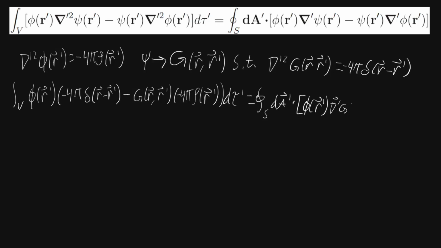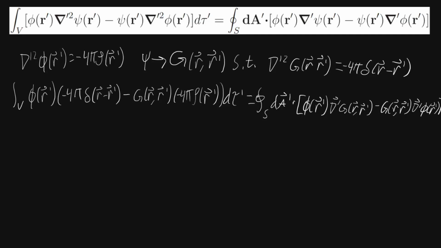Okay, so we're going to replace psi with our Green's function, and we can just leave phi, but we're going to write our gradient of phi.